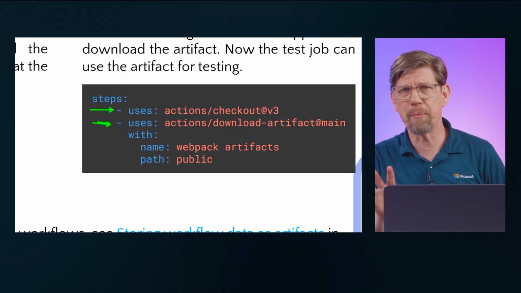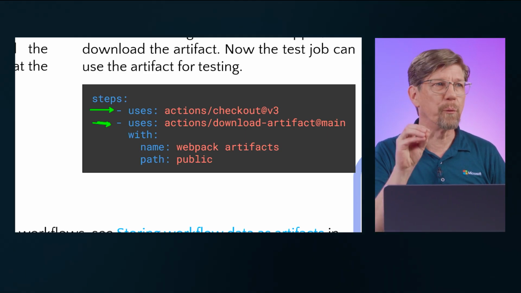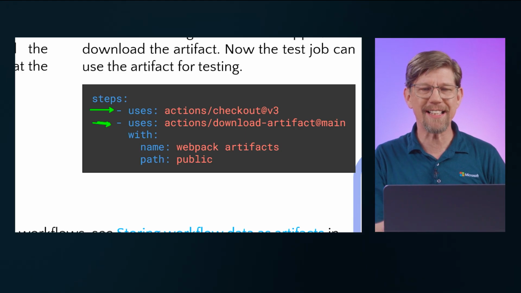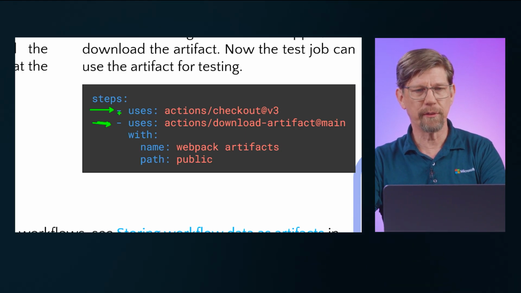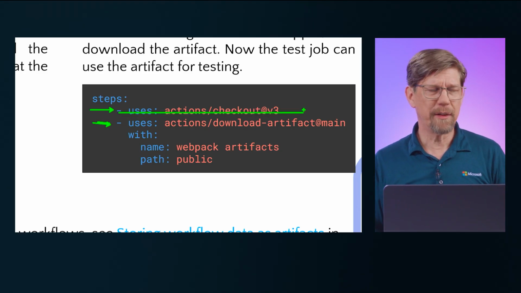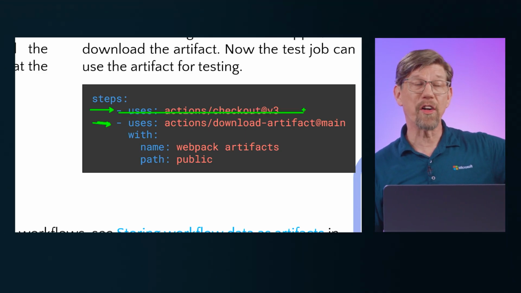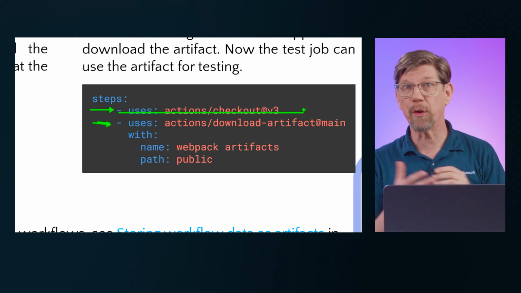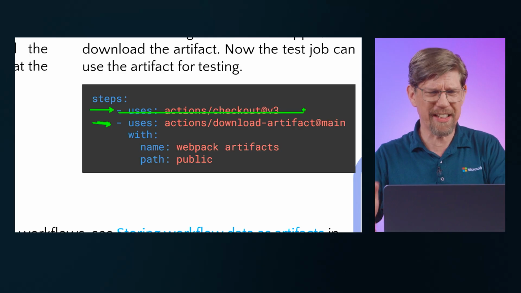Just know that there's a really good chance, in many cases, that you wouldn't want to do a checkout again, because you really want to work with the artifacts that were pre-tested and pre-built, and not try to generate your own. But in this case, we've got both of them up there.